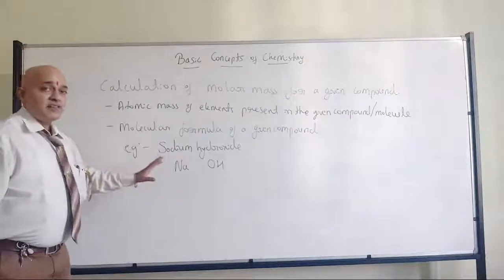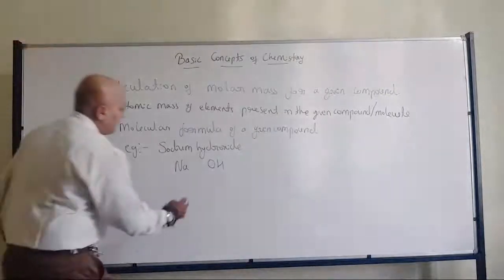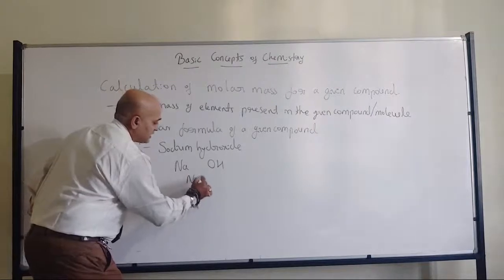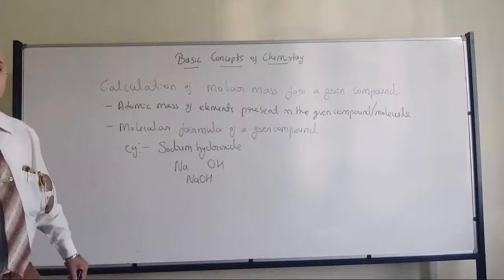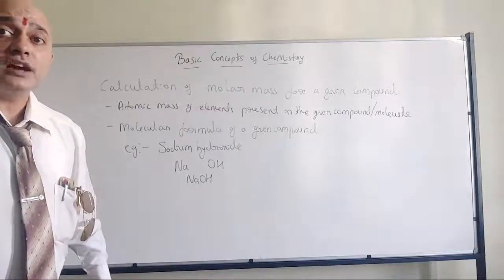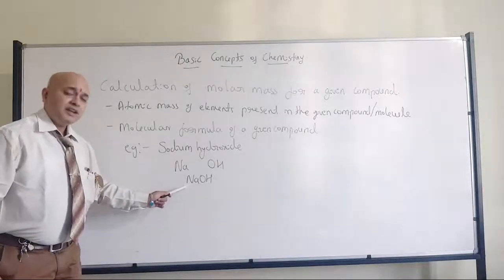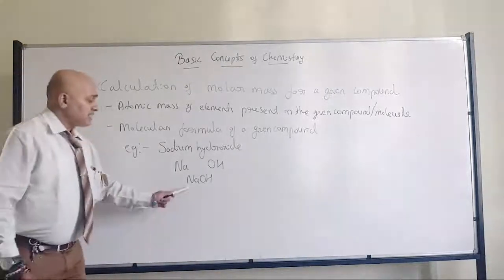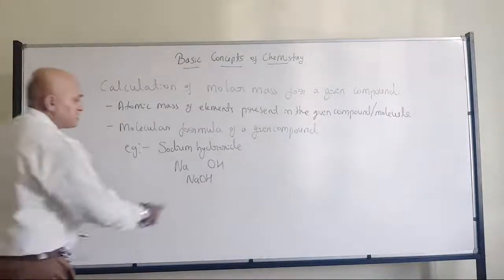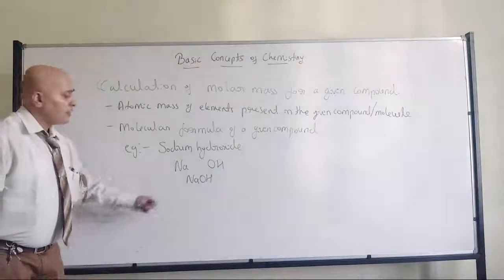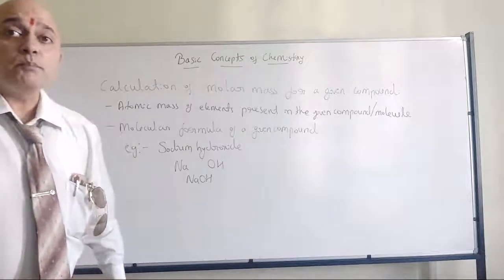So that is sodium hydroxide. Once I have written the formula, now I know which elements are present in this compound. It's a compound. We call it a molecule also, no doubt. But it's actually a compound, NaOH. Right? Because different elements are involved in forming this molecule. So therefore we can call it a compound.